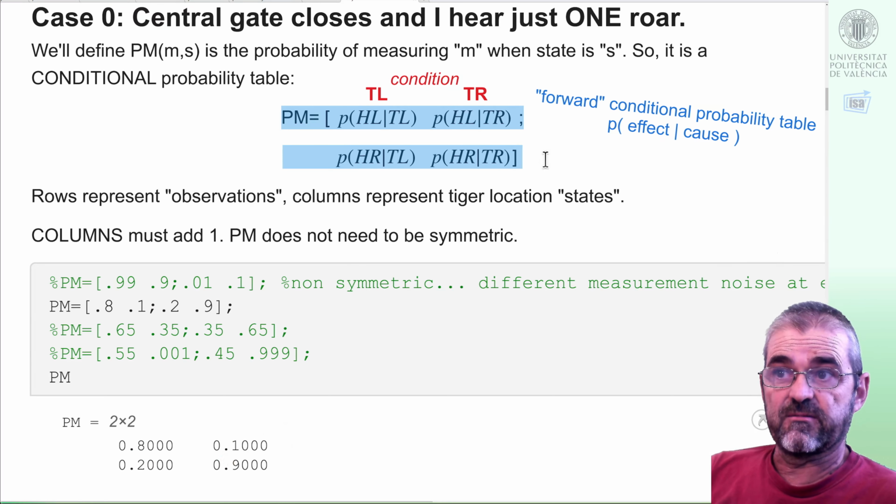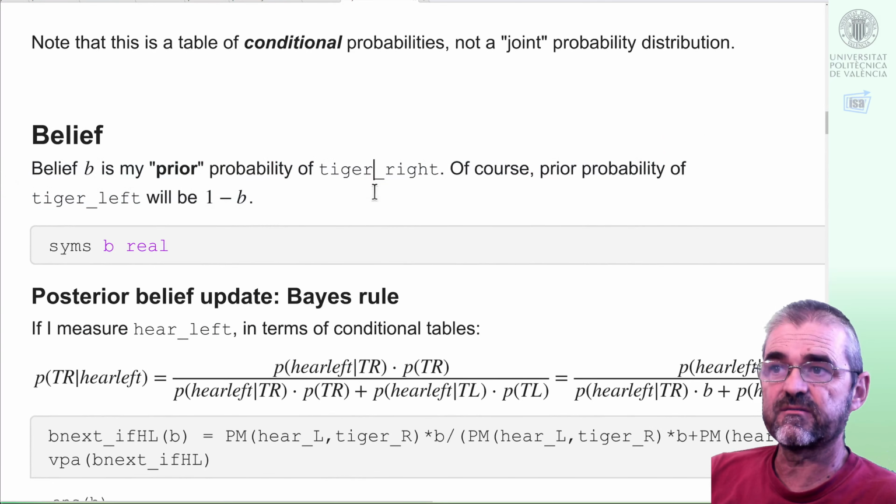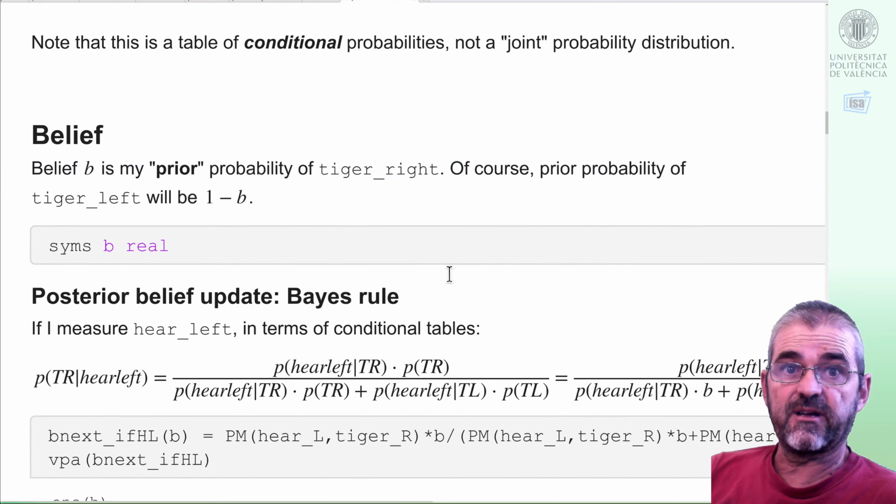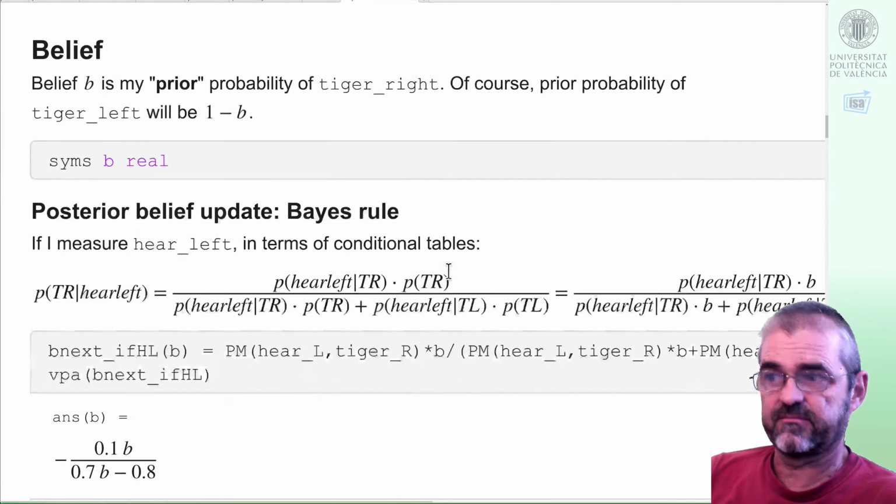So with this conditional table and the prior belief, I can build a joint probability table and recover marginals, conditionals, and so on.